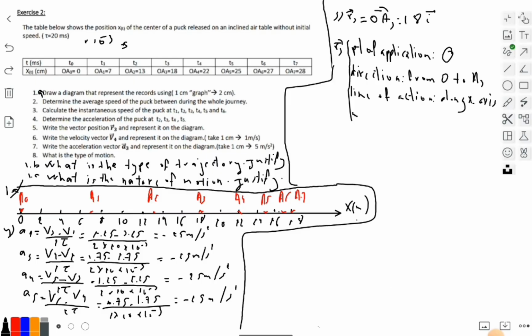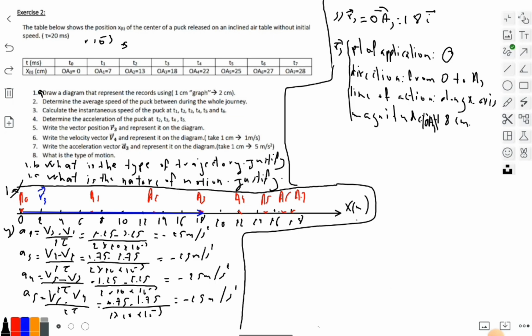And magnitude: 18 centimeter, equal to the distance OA3. So to represent it, from O we draw a vector till A3. This is R3, the position vector R3.